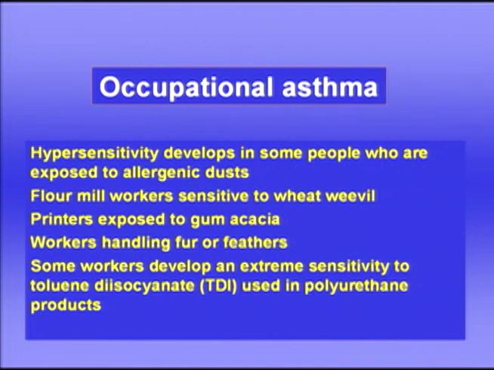Printers exposed to gum acacia can get it, or people who are working with fur or feathers can develop this. There's an interesting form used in the industry making polyurethane products, plastic materials, where toluene diisocyanate, TDI, is used, and some workers develop a tremendous sensitivity to this. In fact, in many cases, workers develop such a sensitivity that they have to change their job because they can't work with this material.